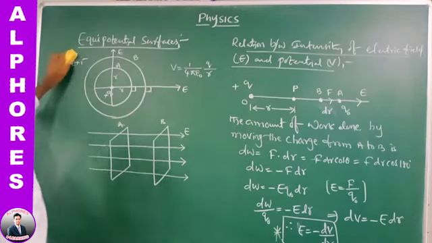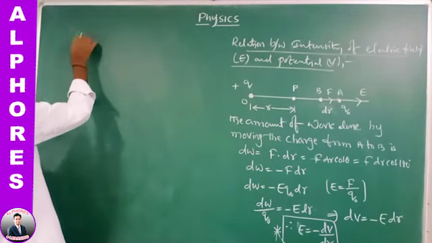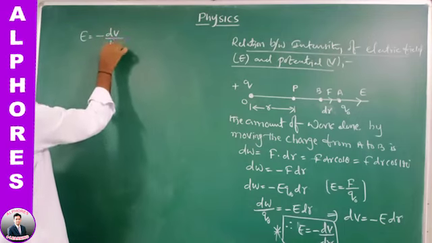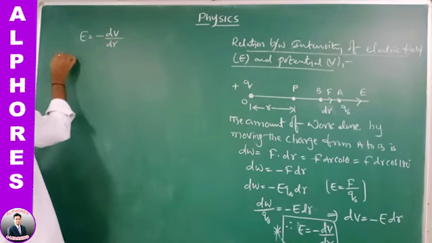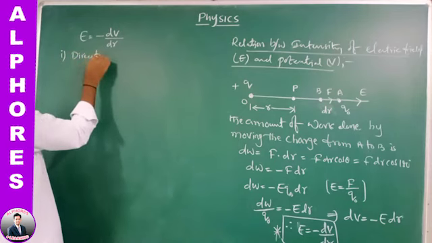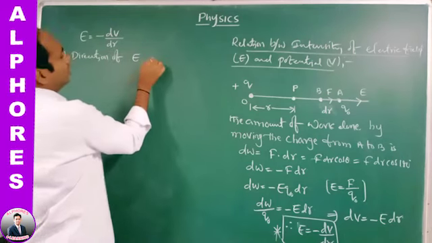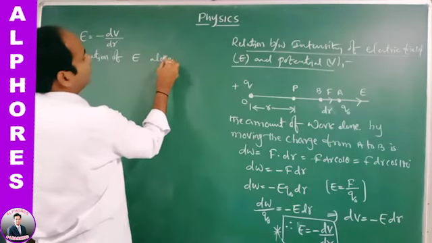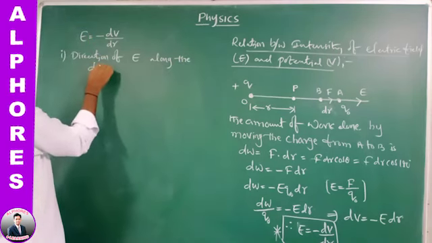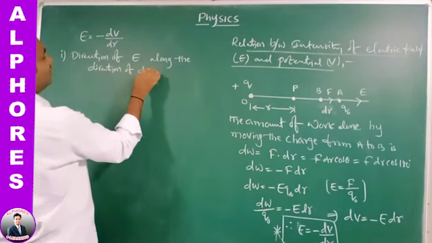E is equal to minus of dV by dr. From this equation we may say that the direction of E is along the direction of decreasing value of potential.